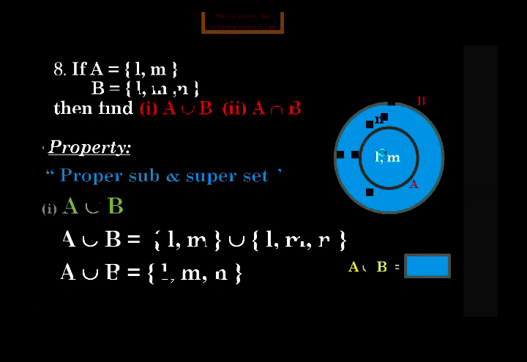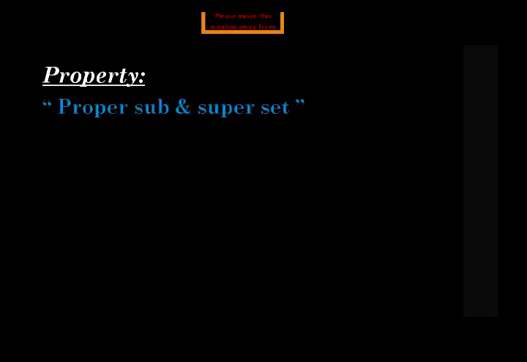Now we are moving towards the second part of this question, that is A intersection B. The property is the same, subset and superset. I'm repeating what the statement of intersection is: the common elements in both the sets.